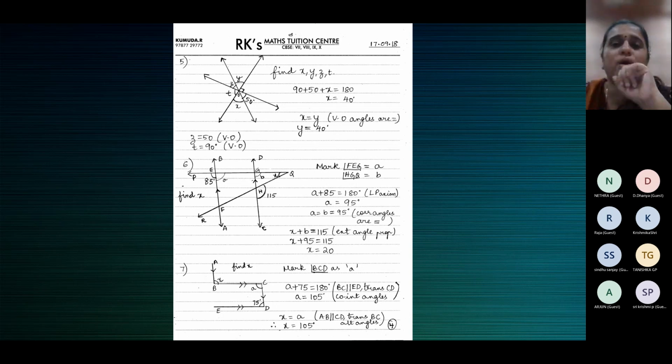The sum of the angles around a point is equal to 360 degrees. So all this should come to your mind when you're solving a situation like this. Please go through the 7th one and explain. Somebody explain that for me.